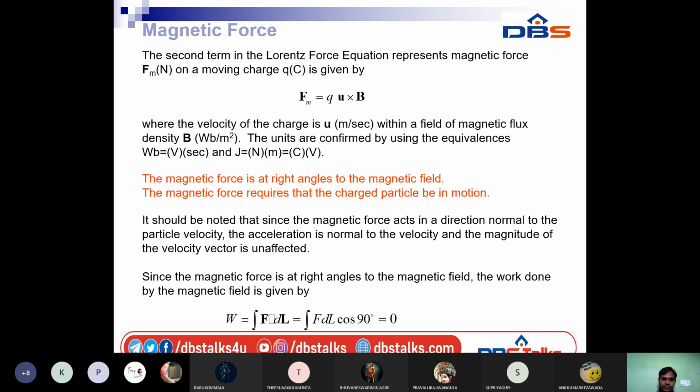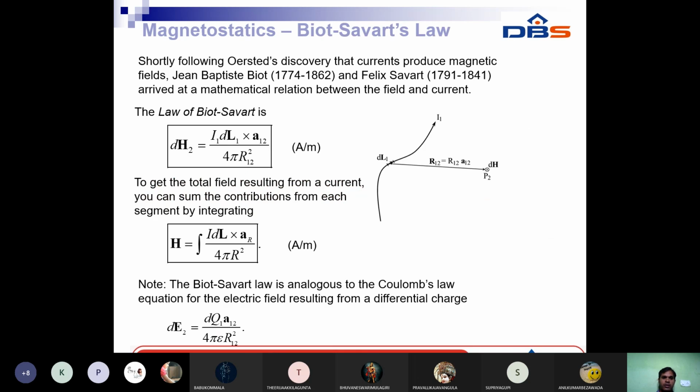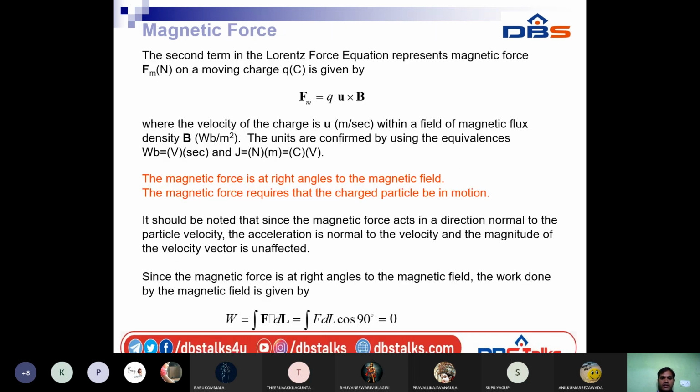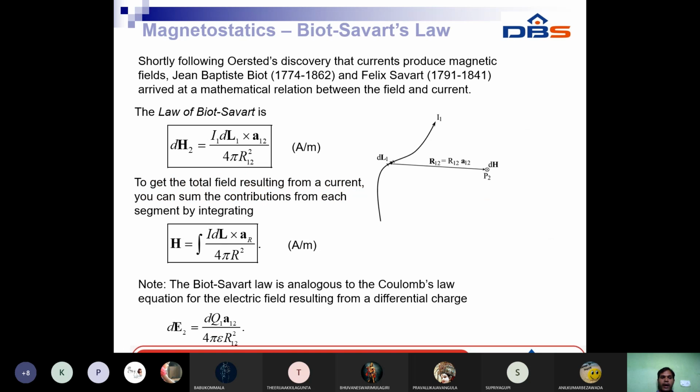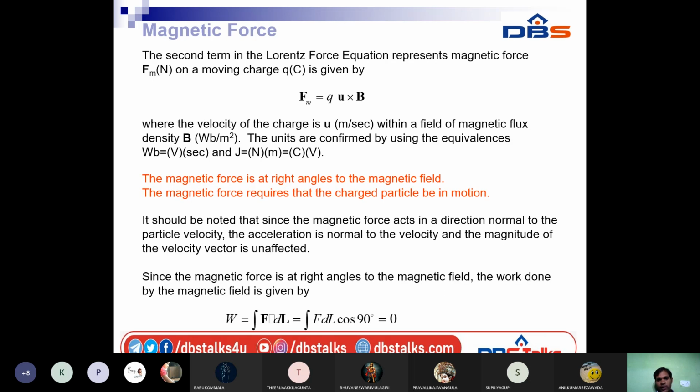So this is the equation which describes that the magnetic force is always at a right angle, that is cos 90 degrees.